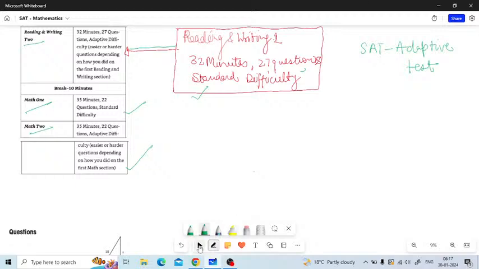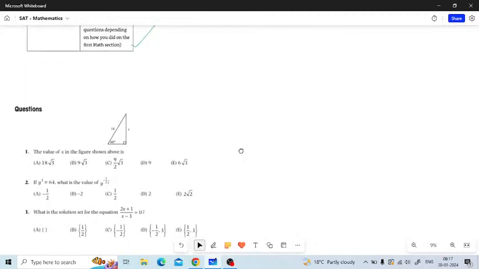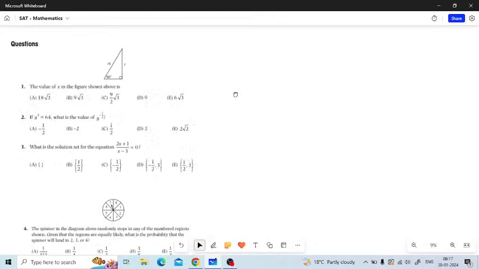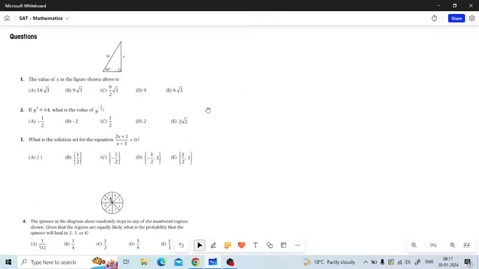Next, I would like to tell you that the questions you will find in the math section will be of 10th standard, high school level. You will find the questions very easy, so you will have fun in the mathematics section.